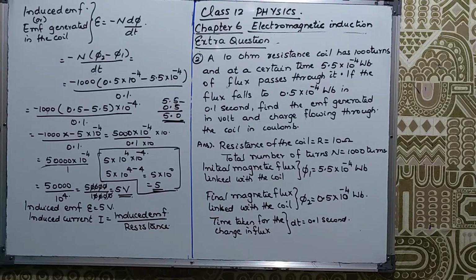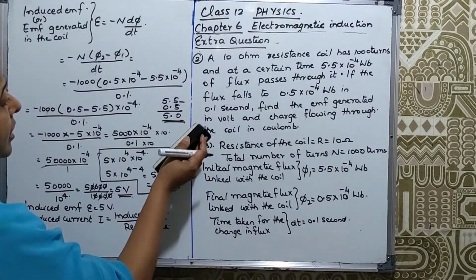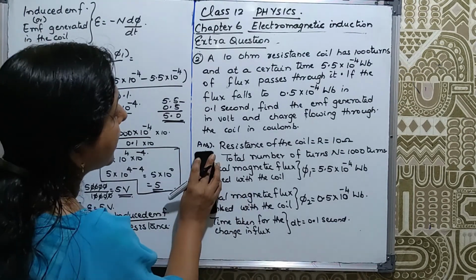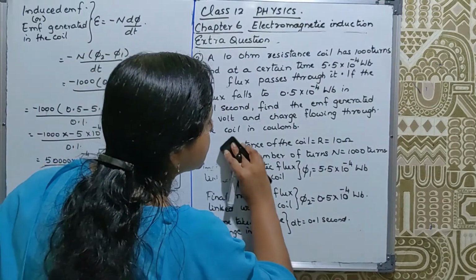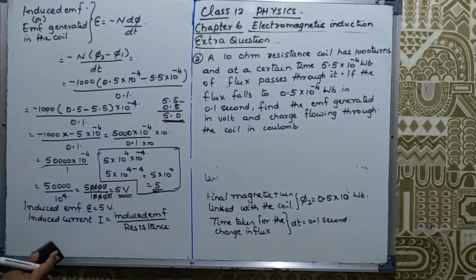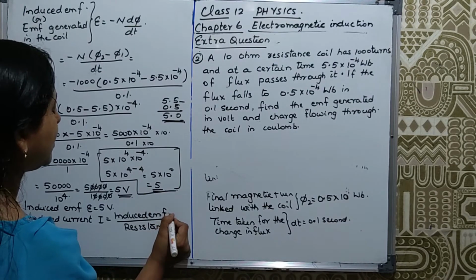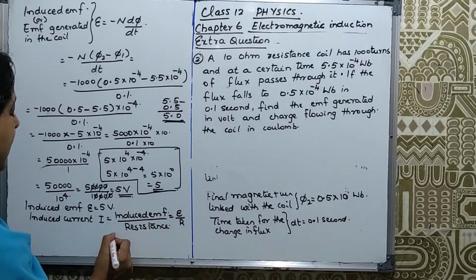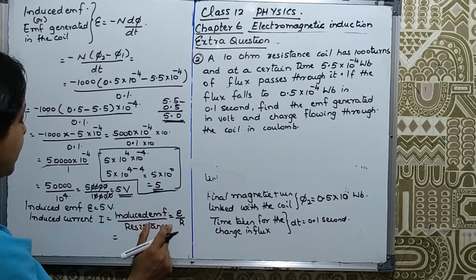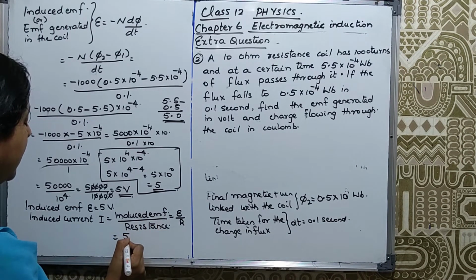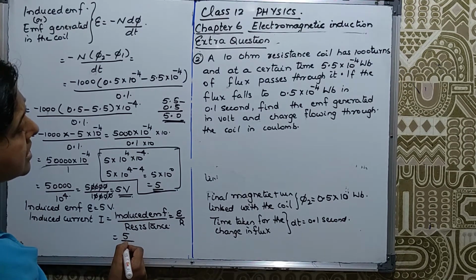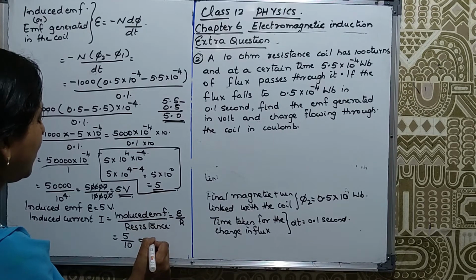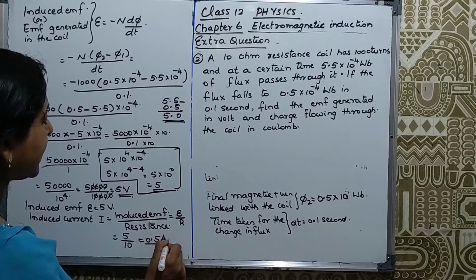Resistance is 10 ohm. So, induced current will be equal to epsilon divided by R. Substituting, epsilon is actually 5 divided by resistance R, which was 10 ohm. So when you divide that, 0.5 ampere is the current.